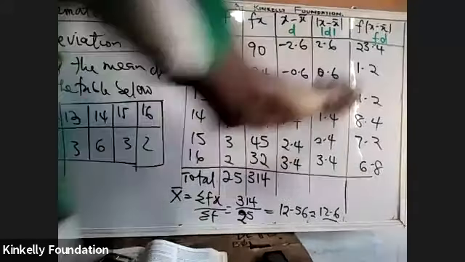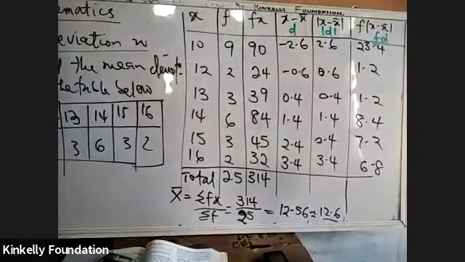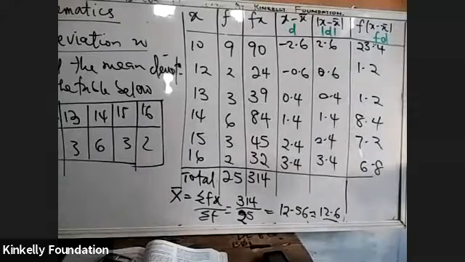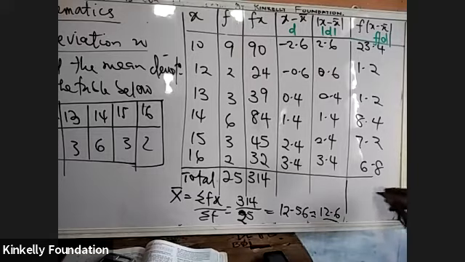Having gotten this, we now sum it. The summation of frequency and deviation. Remember that this is its absolute value. The summation of this gives us the result.